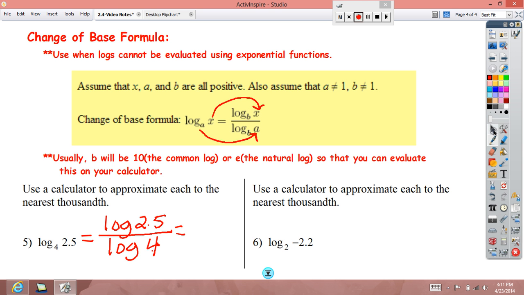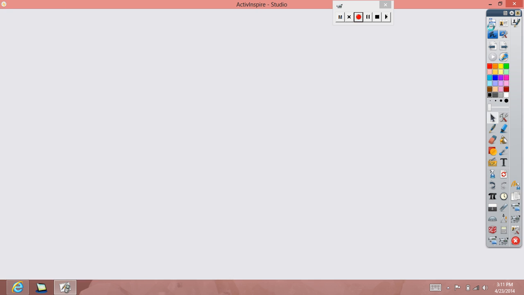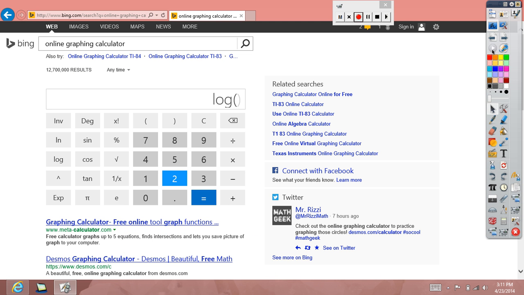And so I pulled up this handy dandy calculator here. And so we had log of 2.5 divided by log of 4. And our answer to the nearest thousandth is 0.661.